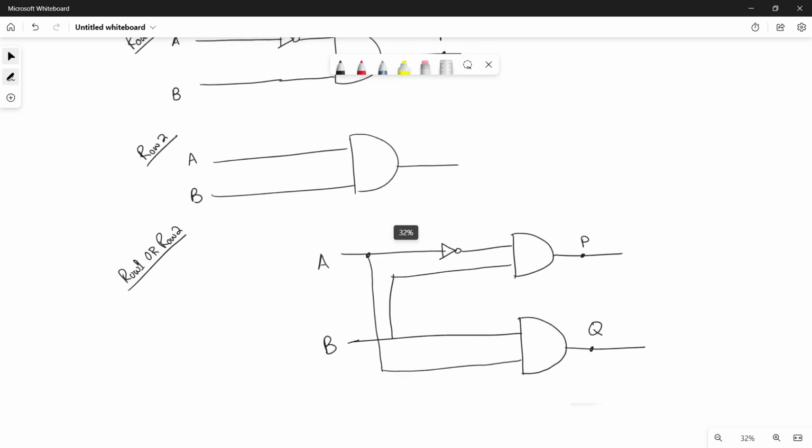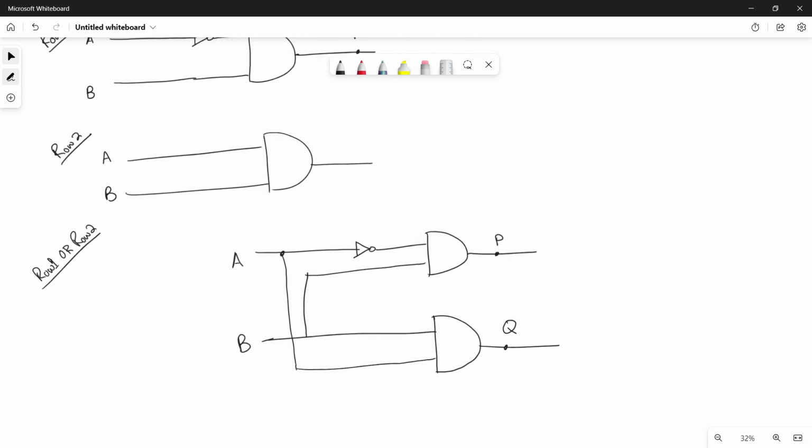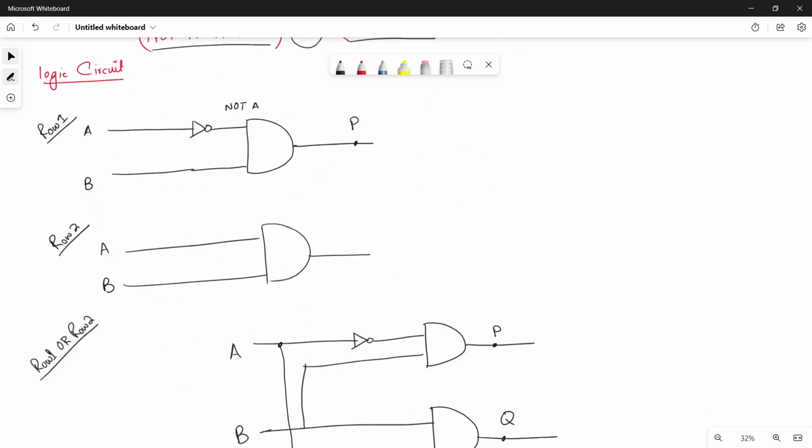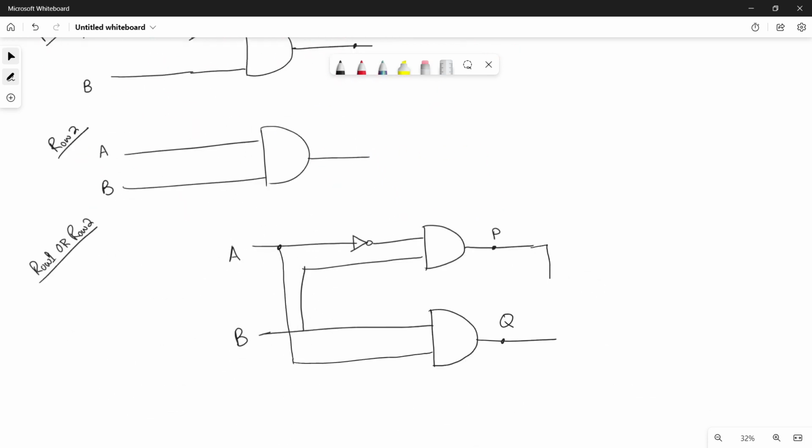Now remember that you have to join both of these circuits with an OR gate. Look at your expression. Now this OR will be taking P and Q as its inputs and will give the final output, which is X. So here we go. This is your NOT gate. The NOT gate helps you to invert the value of A. It becomes A bar. And then here it is B going directly into the AND gate.